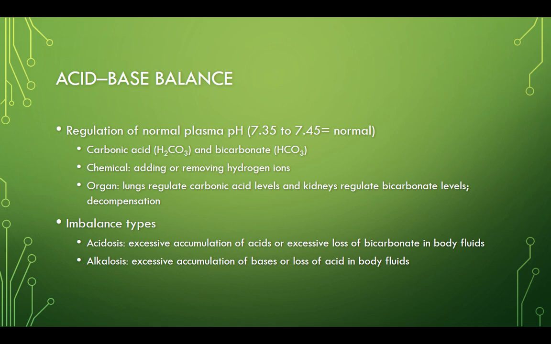You have carbonic acid, H2CO3, and then you have the bicarbonate, which is HCO3. That's your kidneys, chemically adding and removing hydrogen ions from your blood. Organs involved: the lungs regulate the carbonic acid levels, and the kidneys regulate the bicarbonate levels.